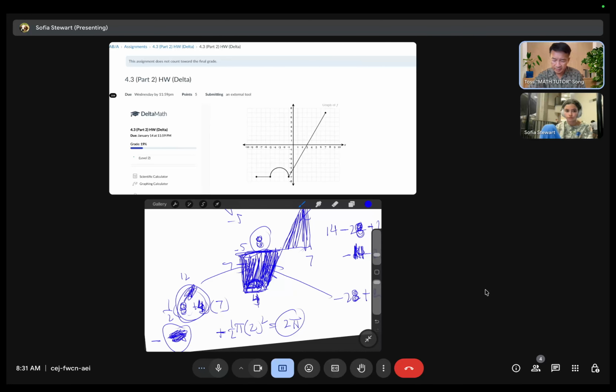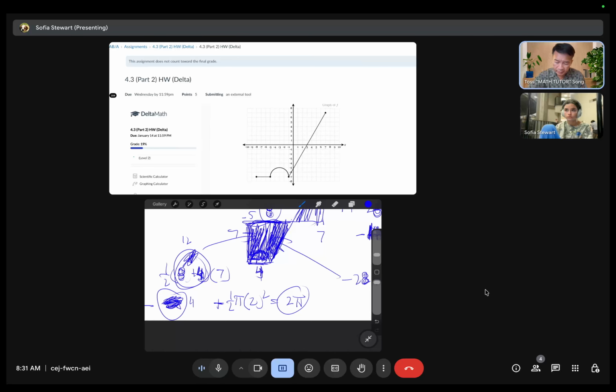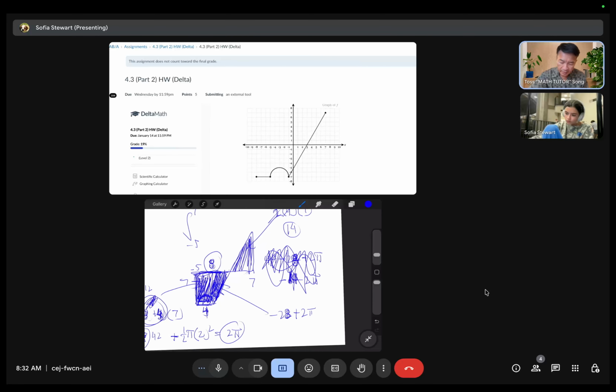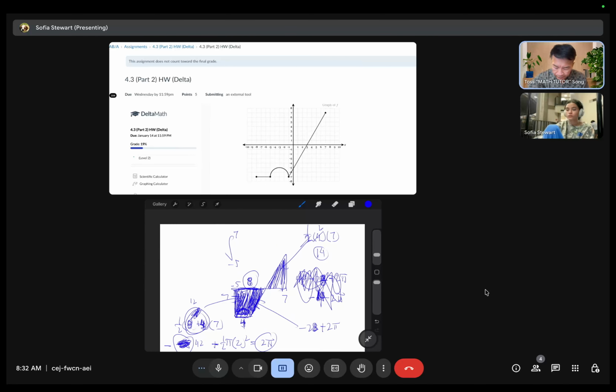It's 42, and then you have to add 2 pi. So it's 42 plus 2 pi, but do everything carefully here. So let me do the whole thing again. Oh, 1 second. It's negative 42. It's negative 42 plus 2 pi, and then wait, plus, negative 42?